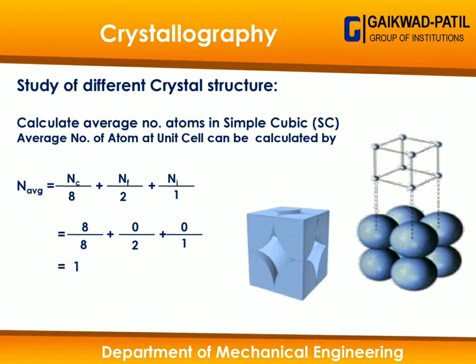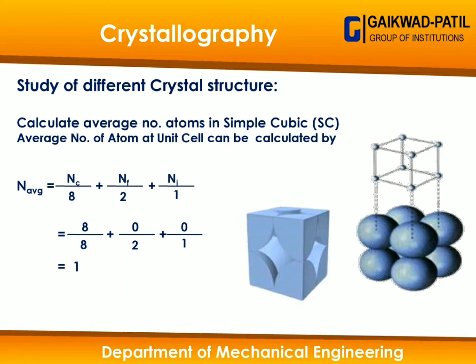How do we get 1? If we calculate it manually, we come to know that each corner atom of a unit cell of the simple cubic crystal structure is shared by 8 unit cells, and the original unit cell gets a share of 1/8 part of it.